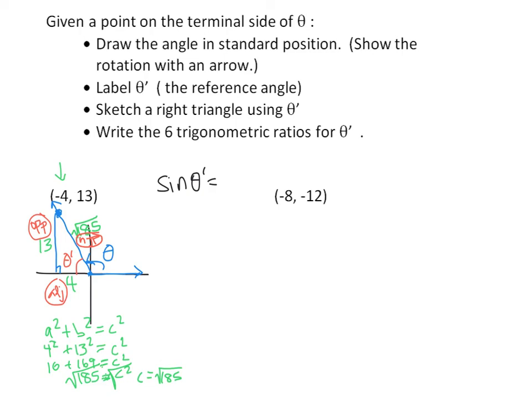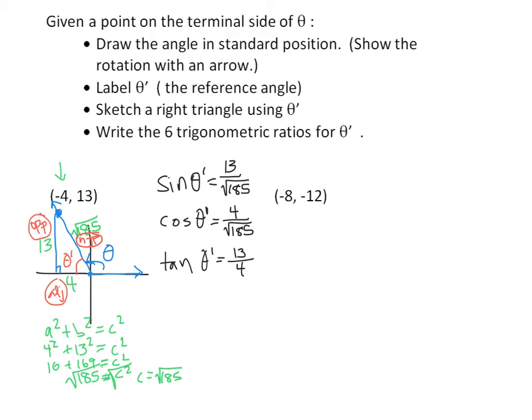The opposite of theta prime is 13, and the hypotenuse is the square root of 185. Cosine of theta prime is the adjacent, which is 4, over the hypotenuse, which is the square root of 185. The tangent of theta prime is the opposite over the adjacent.